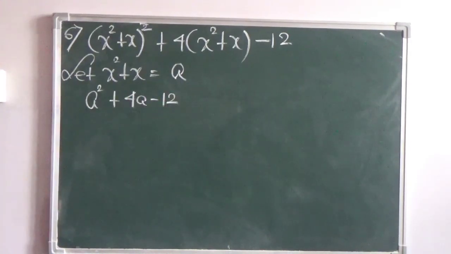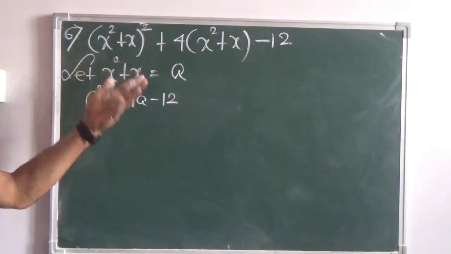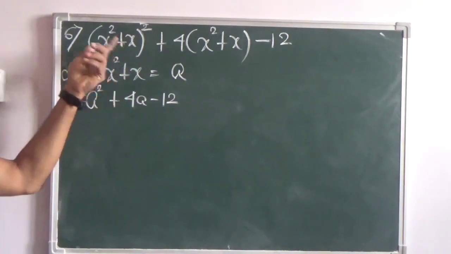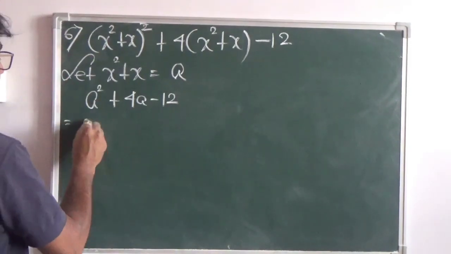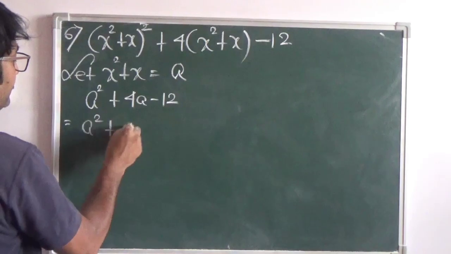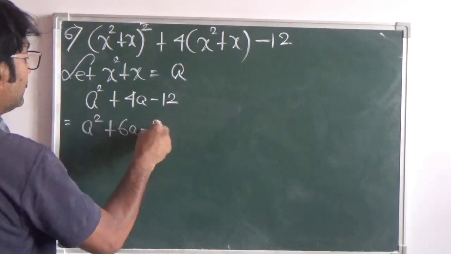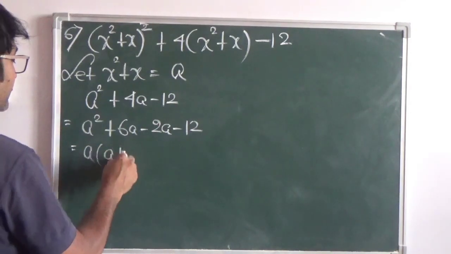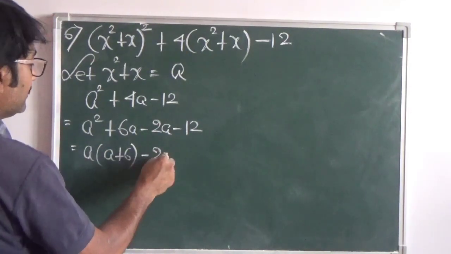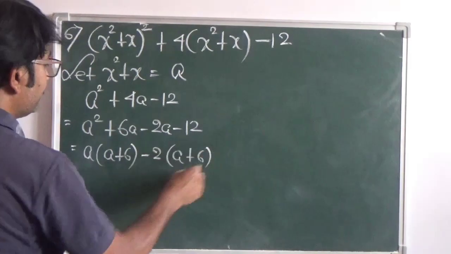And finally when you get the values of a, you substitute, put in this place, and maybe you might get another quadratic expression to solve. So it is a square plus 6a minus 2a minus 12, a into a plus 6 minus 2 into a plus 6.